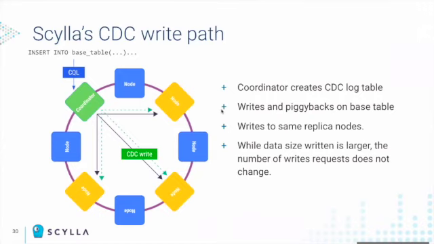Then the CDC mechanism will piggyback the writes to the log table onto the original mutations, which are going to the same replica nodes. So we don't generate more writes, but we do generate more data. This is important to understand. So the payloads increase, and we have to size appropriately to account for the additional CDC-enabled tables. Let's go to the next slide.